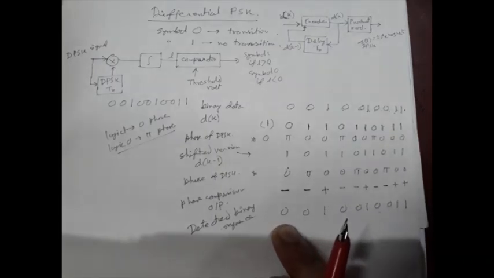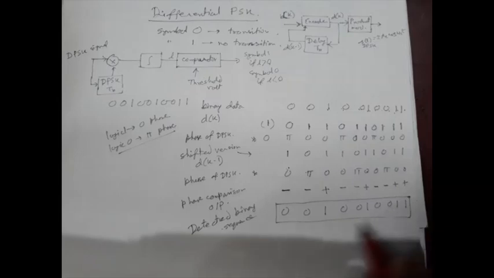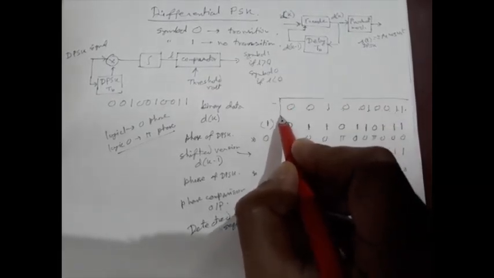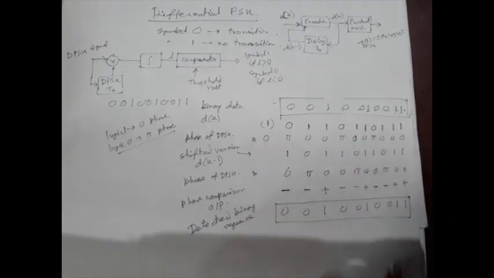So these are the received bits at the receiver, and these received bits are the same as the transmitted binary sequence. So this is how it works.